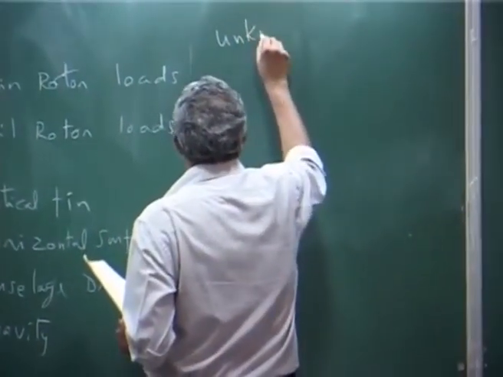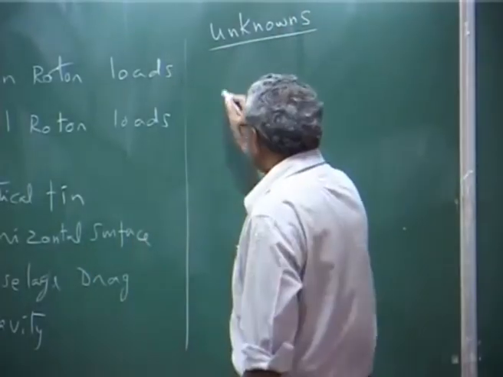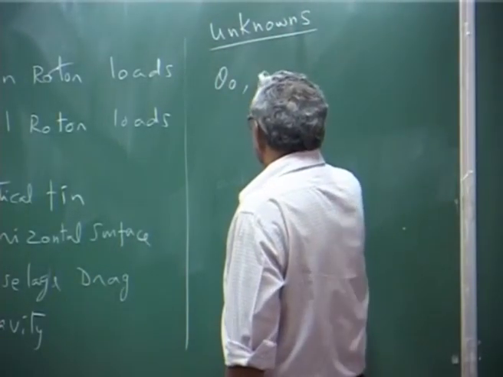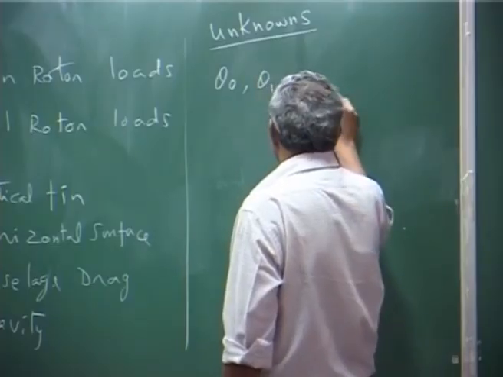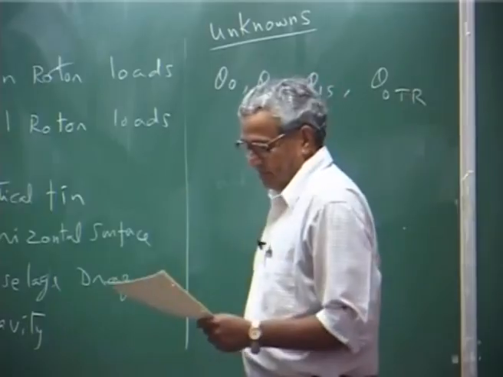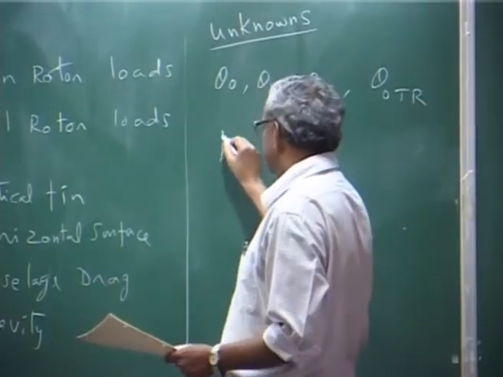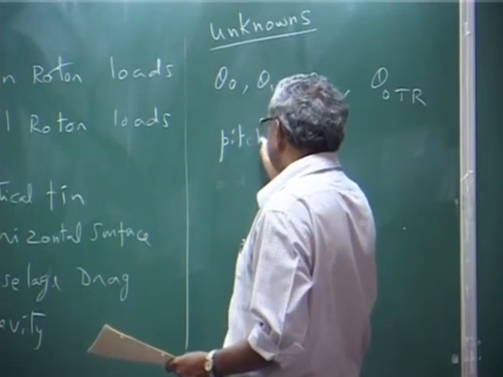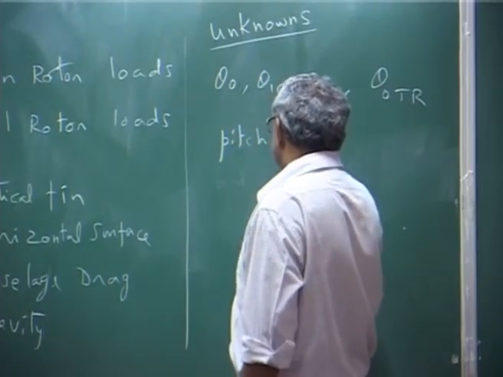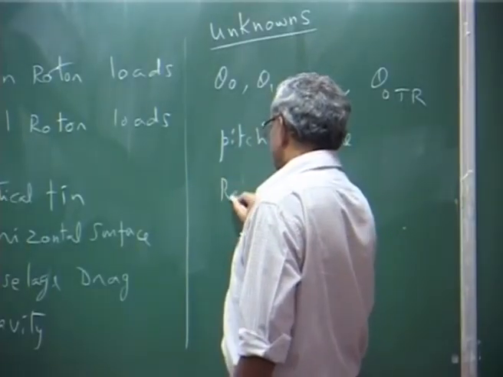Known we will worry about later. Unknowns are theta naught, theta 1c, theta 1s and theta 0 tail rotor, then pitch attitude, roll attitude.